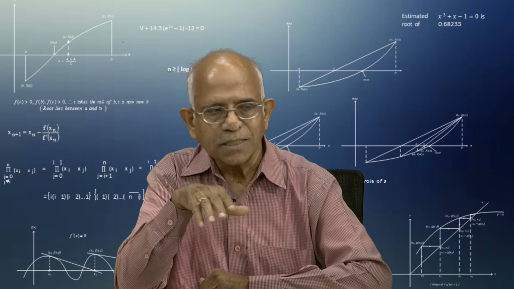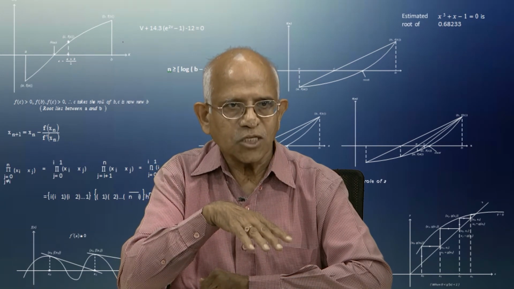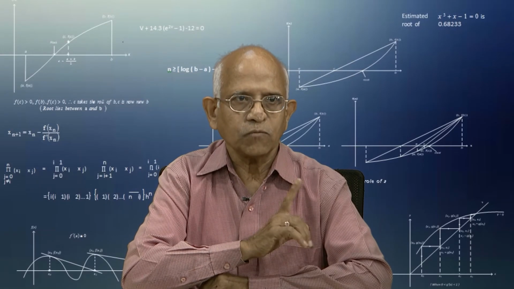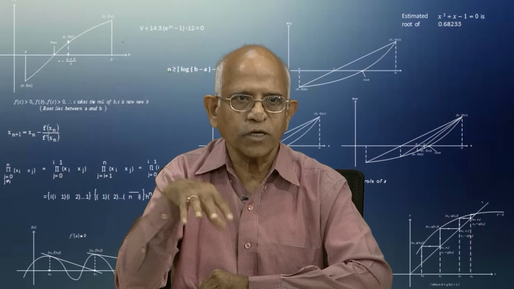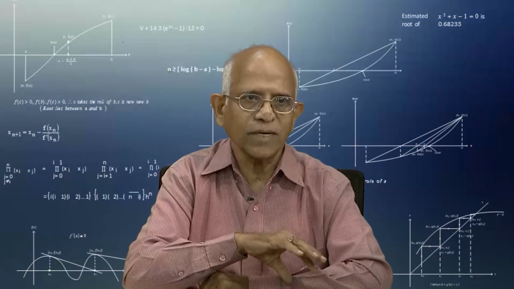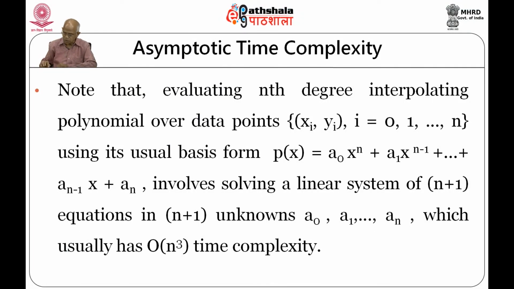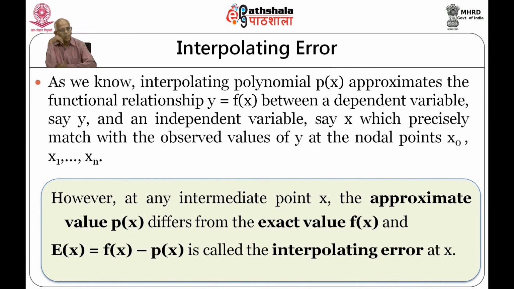So, by selecting a specific form of the interpolating polynomial, we could save a lot of time, because it is order n square, whereas otherwise it will be order n cube, and that makes a lot of difference in the time complexity requirements. Now, we talk about interpolating error.